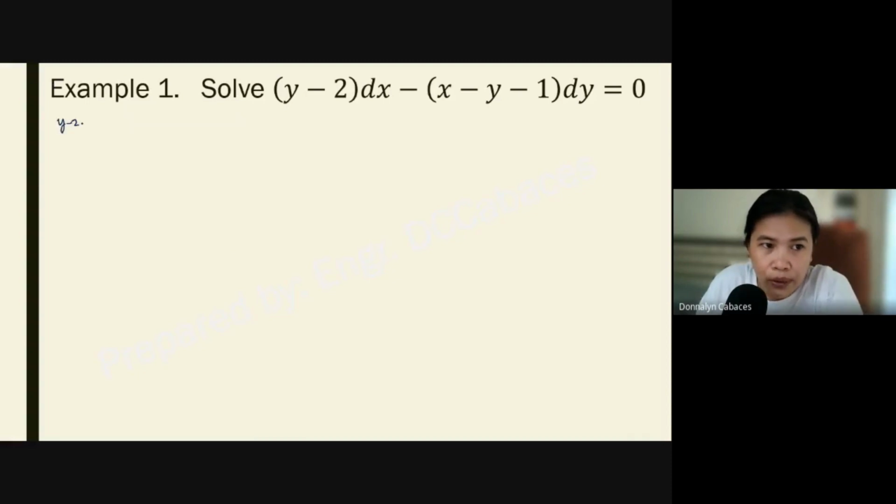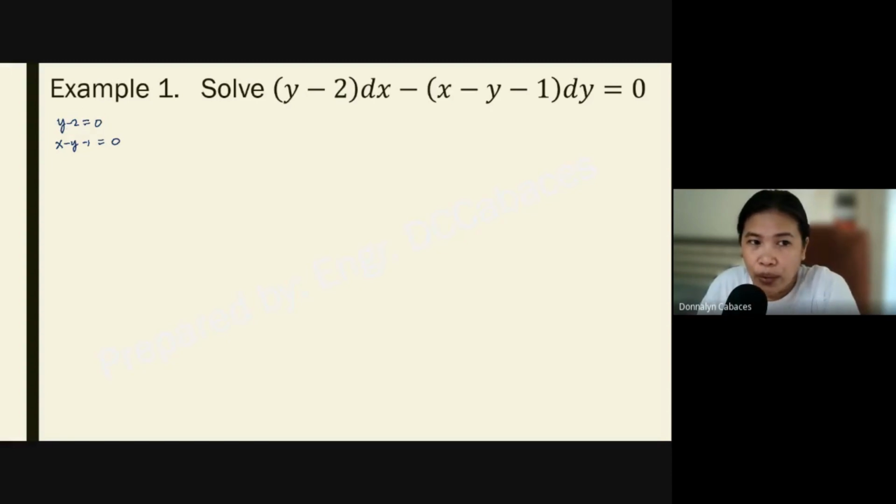That is y - 2 = 0, and x - y - 1 = 0. So obviously, they are not parallel lines. You have no coefficient for x, and you have 1 over negative 1. Obviously, it should not be equal. And therefore, these are intersecting lines. So we find the point of intersection.